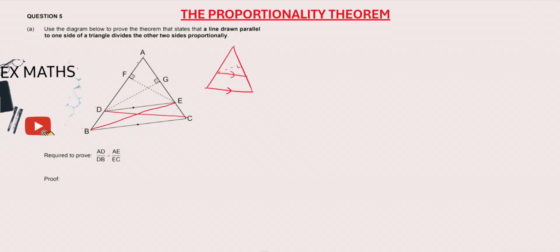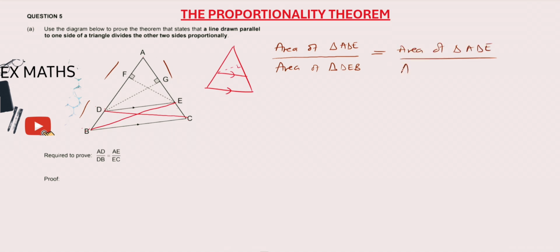So what we need to do is show that the area of triangle ADE, using AD as our base, over the area of triangle DEB, using DB as our base and FE as our perpendicular height for both, should be equal to the area of the same triangle ADE, but now using the opposite side as our base, which is AE, over the area of the other triangle that we formed, which is EDC.